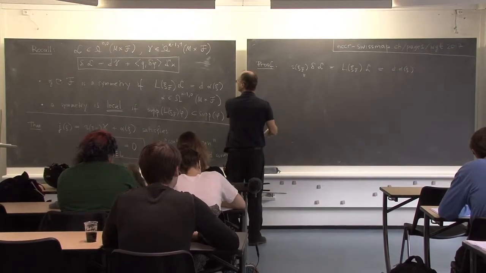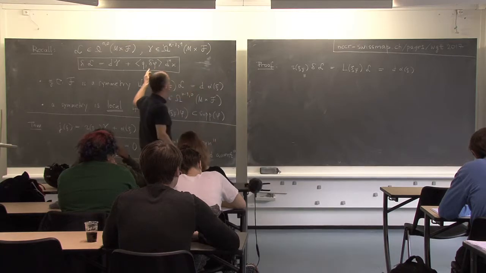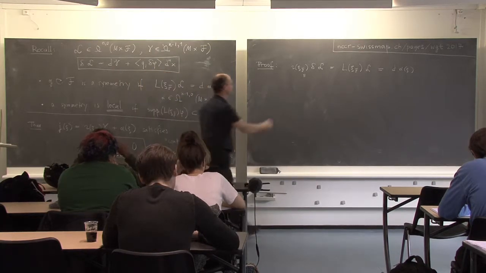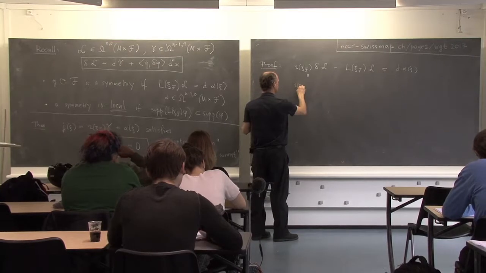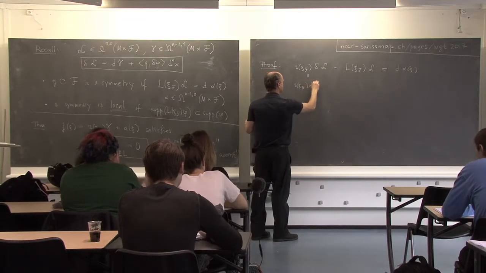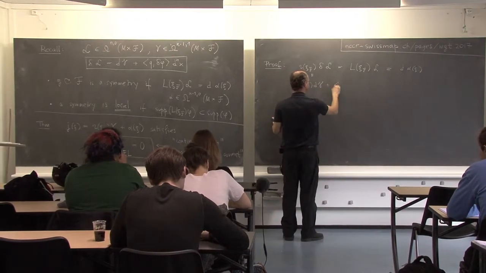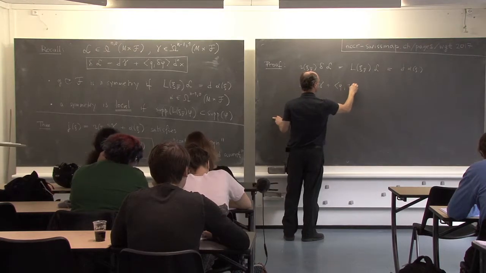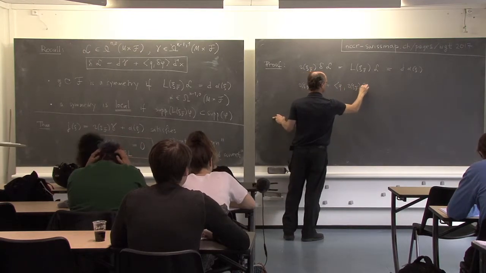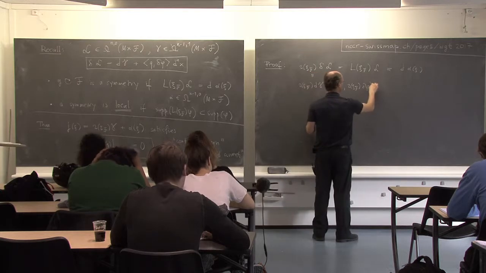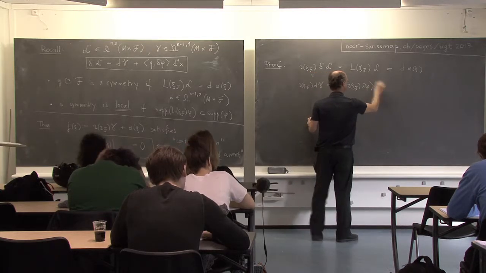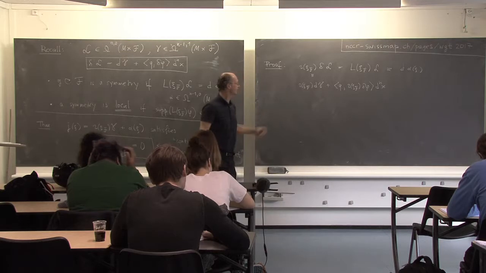On the other hand, we can apply ι_ψ to the right-hand side. This gives ι_ψ_F dγ plus Q ι_ψ_F δφ d^n x.